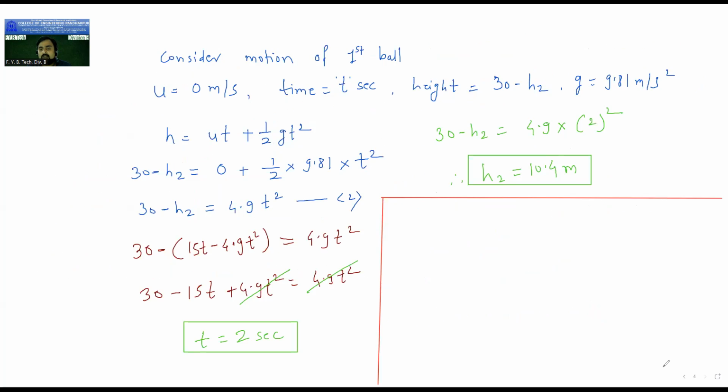So here I write velocity of first ball when they cross each other. Okay. Velocity of the first ball when they cross each other.